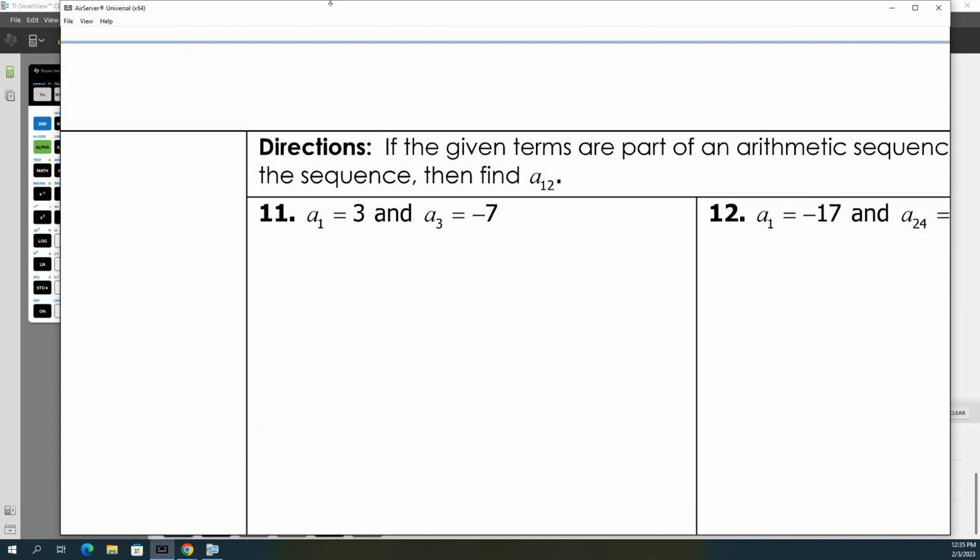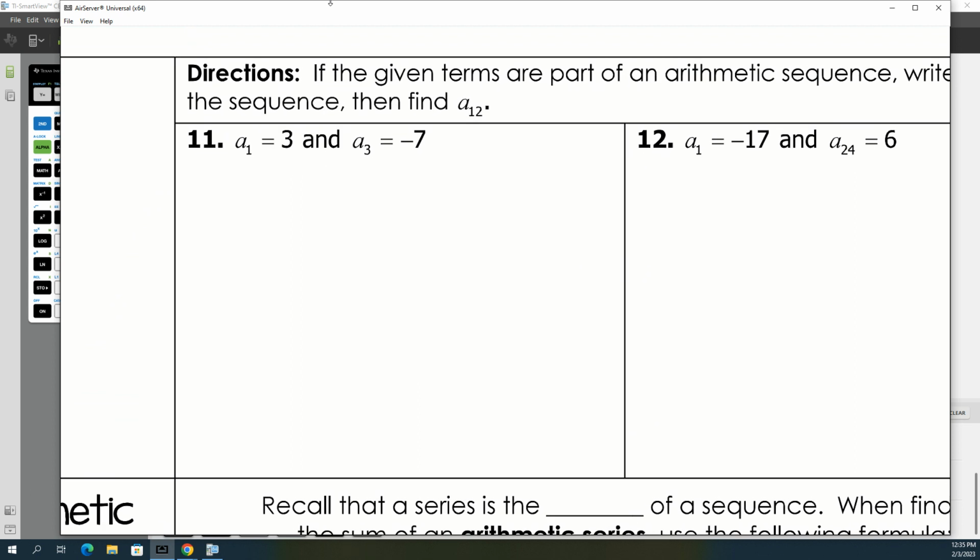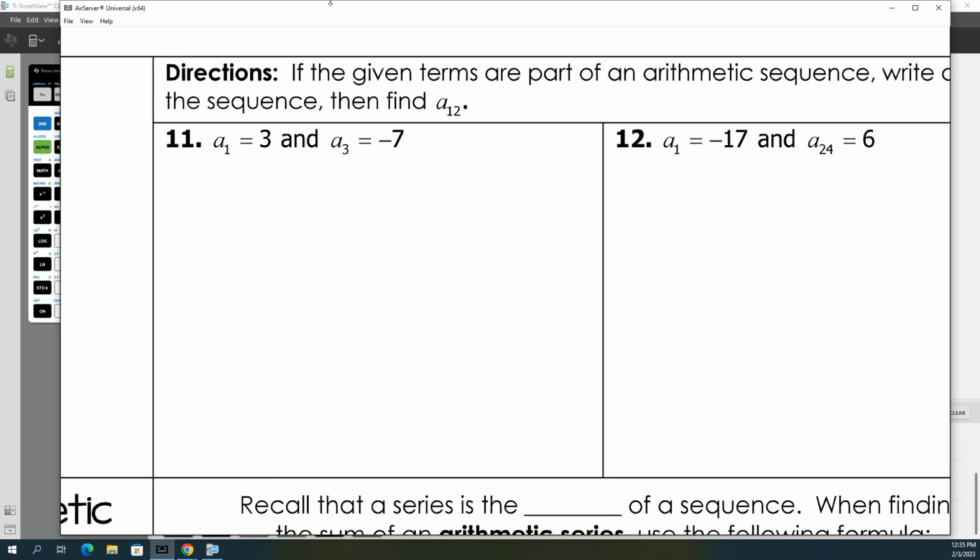Okay. Now the next two are a little bit more challenging because we don't have consecutive terms. So it's going to be more difficult to figure out what D is, but we can still do it. This time we are still going to find that rule, but we don't have a whole big list of terms.